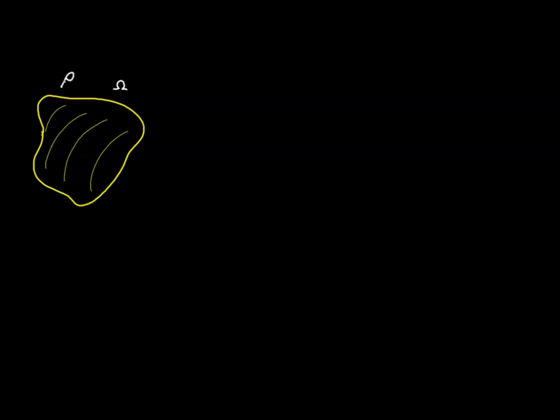So if we're going to calculate the mass, we'd proceed like this. We'd start by imagining a little small volume unit here that we'll call a volume differential, and we'll represent it as d omega. It's just a little infinitesimal chunk of volume here.